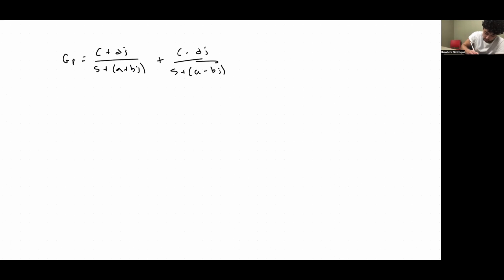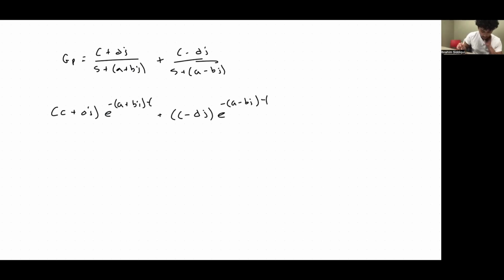So when we do that, we get C plus DJ multiplied by e to the negative A plus BJ multiplied by t. And then this will be added to C minus DJ times e to the negative A minus BJ times t. Okay. So now that we have that, we can rearrange this and pull out all of our e negative terms.